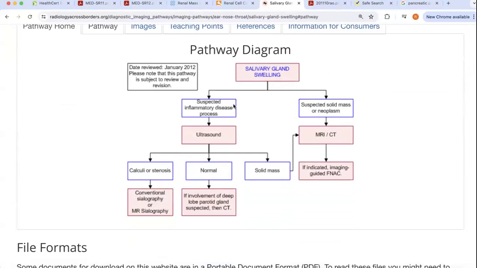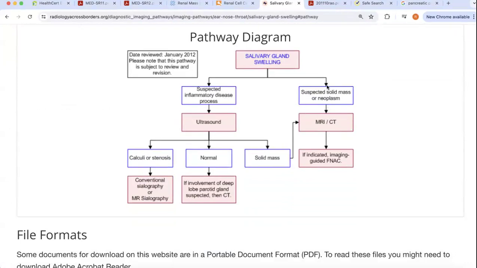The first thing is, is it a suspected inflammatory disease or a suspected solid mass? If you suspect a solid mass or a neoplasm, then MRI or CT will be done, and if MRI or CT shows something is wrong, then FNAC. Okay. If you suspect something inflammatory going on, like sialadenitis, then you do an ultrasound.